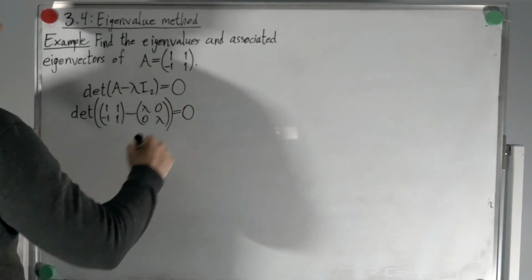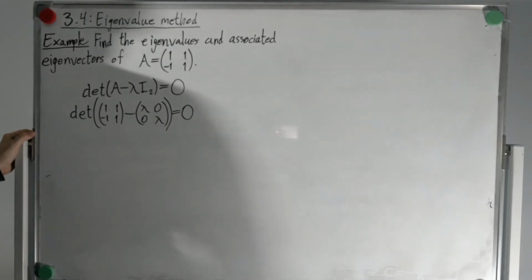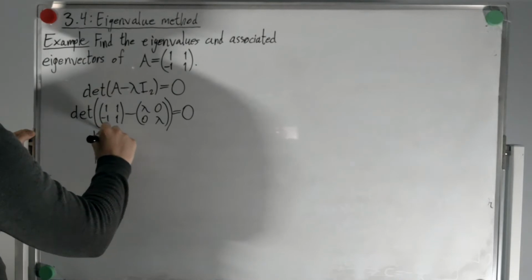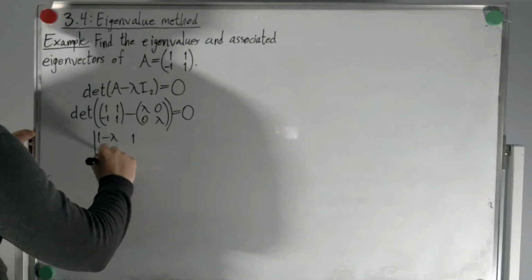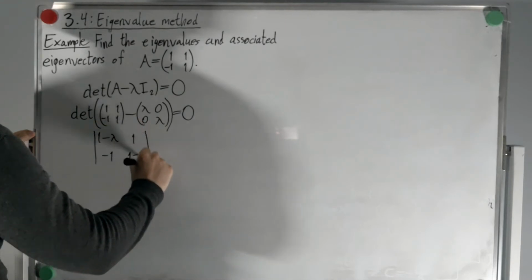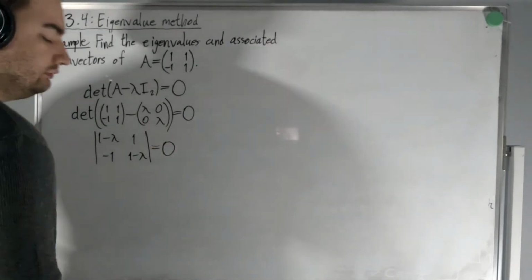This needs to be 0. So this is the determinant of 1 minus lambda, 1, negative 1, 1 minus lambda. This needs to be 0.